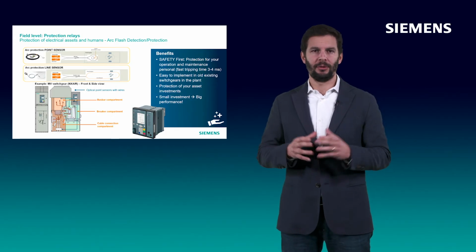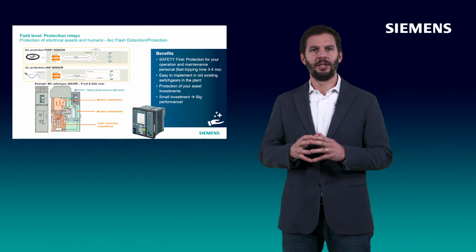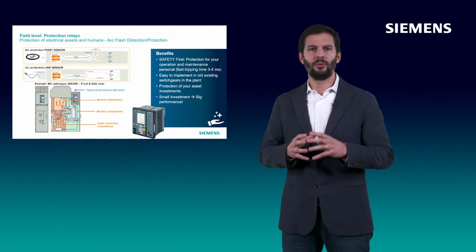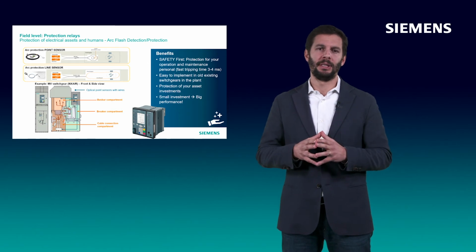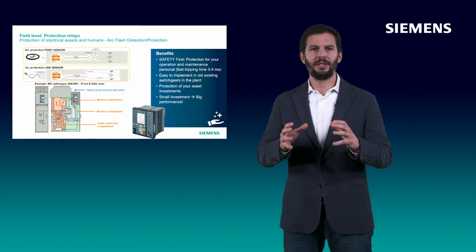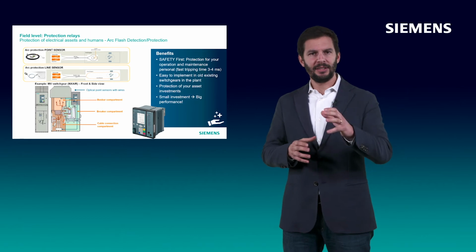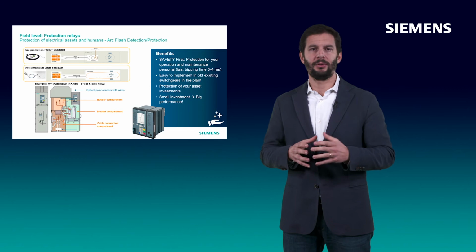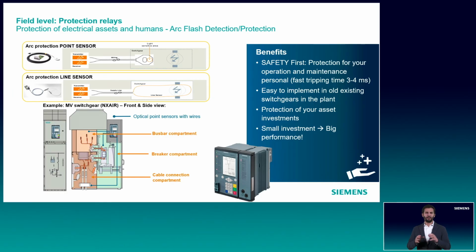In one model of the protection relay, SIPROTEC 5, we can connect point or line sensors, and in one device we can have up to 5 modules. That means a total of 15 sensors can be connected, sensing the different switchgear compartments, being the busbar, breaker, or cable connection compartment. The protection in itself is very fast, clearing a fault in 3-4 milliseconds.